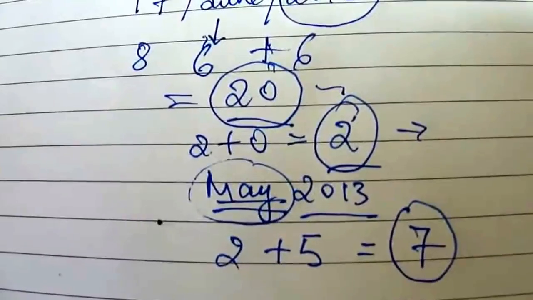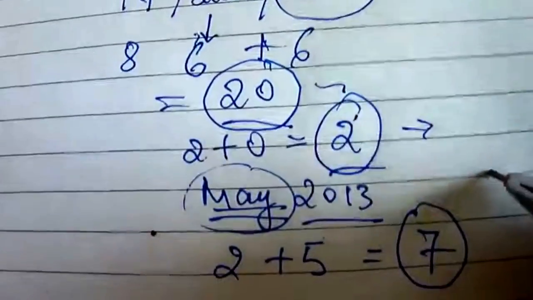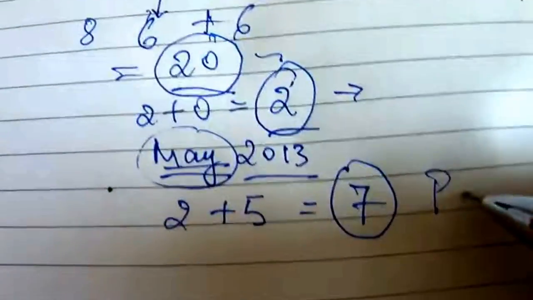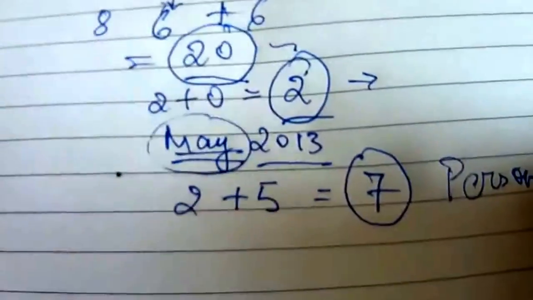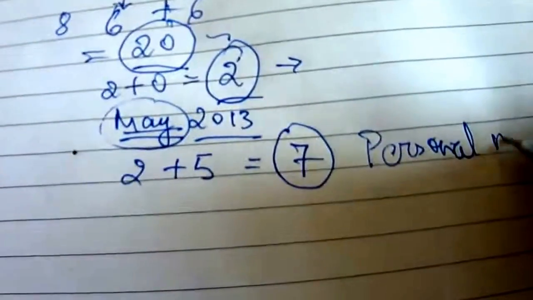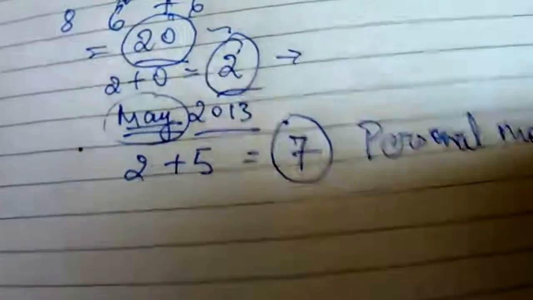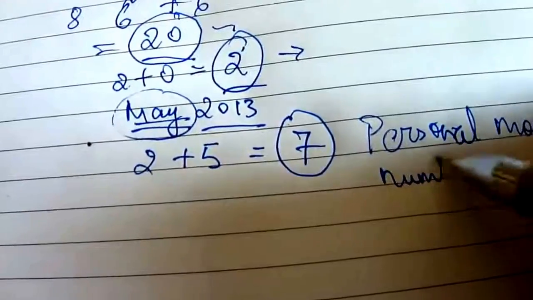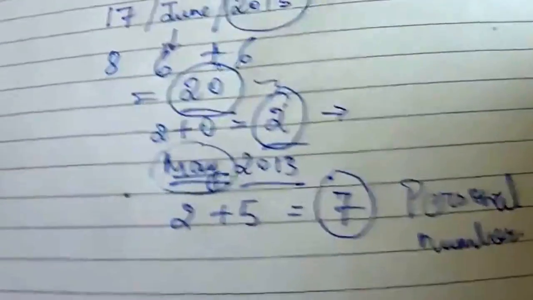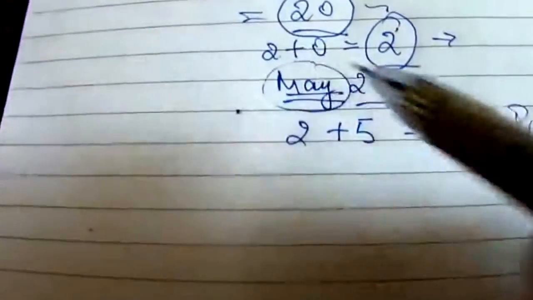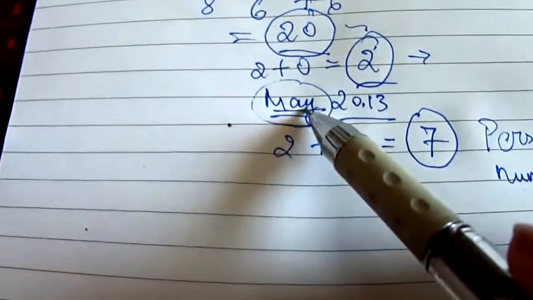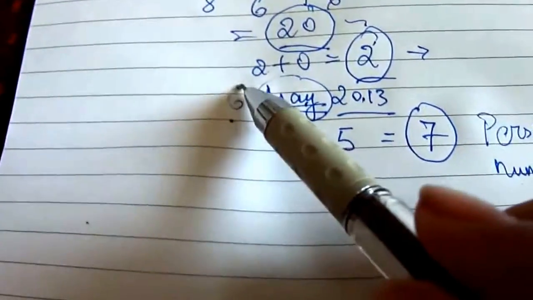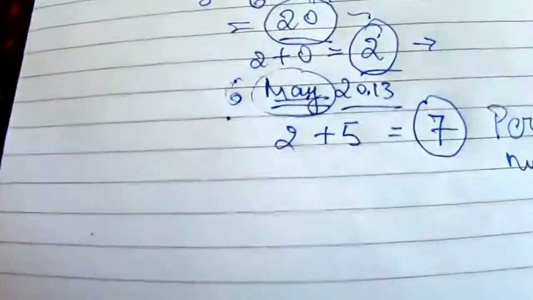Now comes the concept of personal day number. We started off with the personal year numbers, then we understood the personal month number, and now we are going to understand the personal day number. For example, for the year 2013, for the month of May, for 6th of May, which number will govern this day?